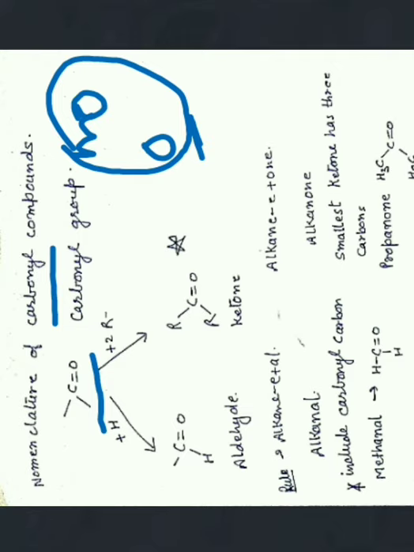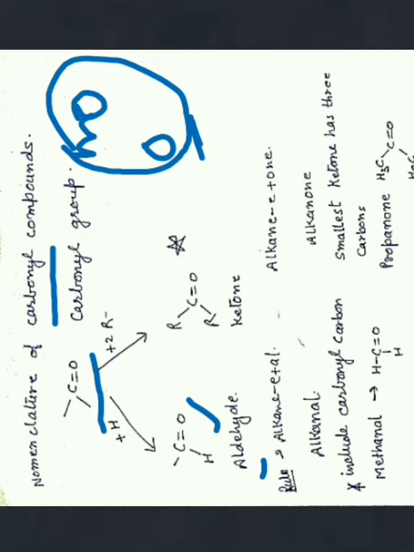Now, what can be added? Generally in organic compounds, what do we add with carbon? Hydrogen. So if we add one hydrogen with CO, this belongs to the aldehyde group, C double bond O and H. And if you are going to name aldehydes, it is the first two letters of the name, Al, which is put at the end of alkane.